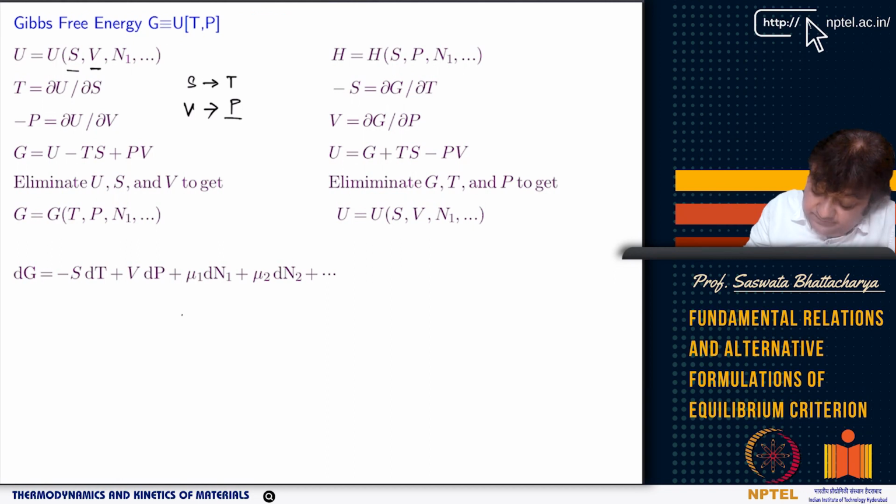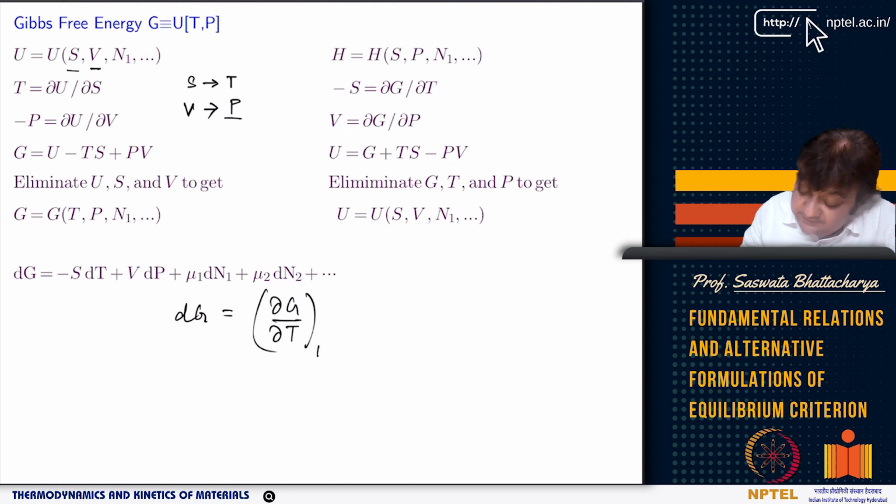Now you can see here, this is something that I just want to tell you: dG equals del G del T times dT, and del G del T is nothing but minus S, right?